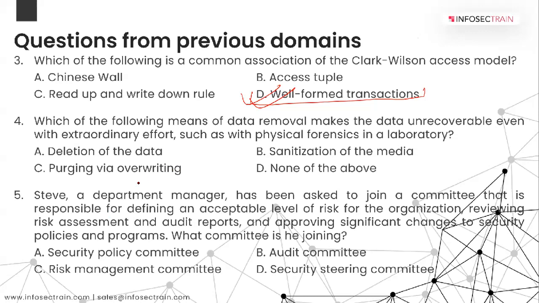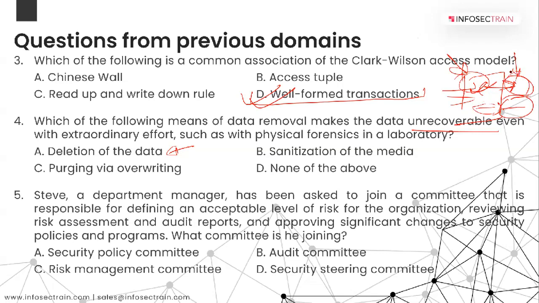So what we are talking about here is making the data unrecoverable. Deletion of data is unsafe because in deletion, your file system basically removes the entry of that file name corresponding to the sector storage memory address where it is located.